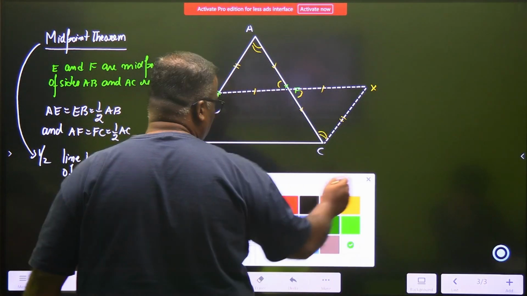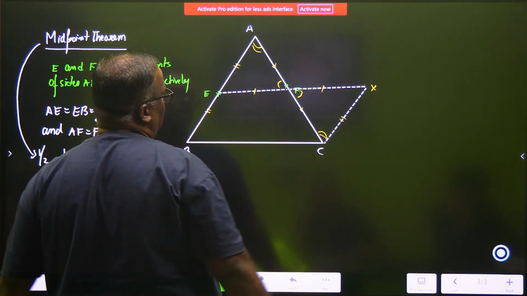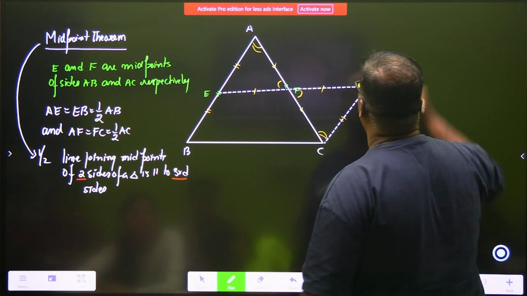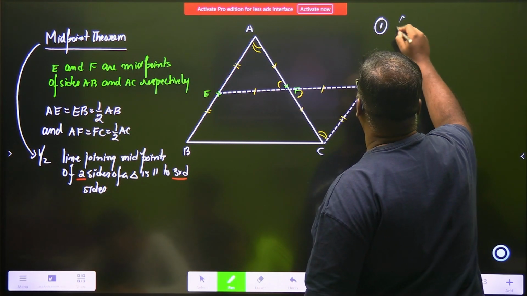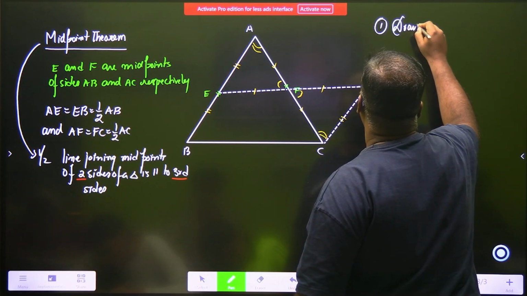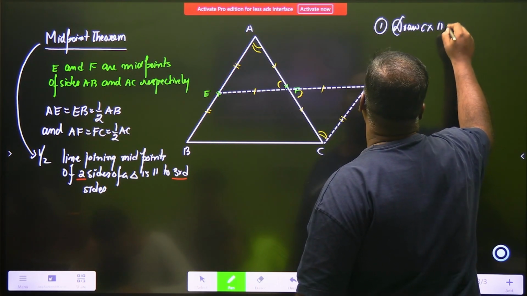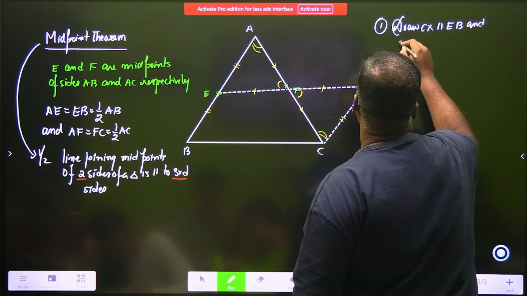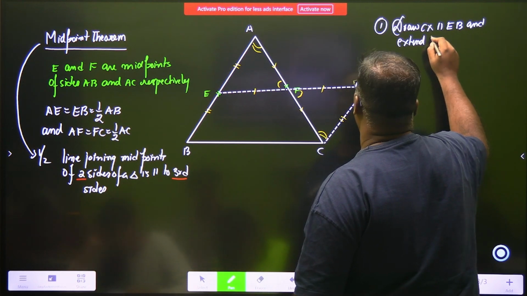So the proof will be in two parts. In the first part we will prove that it is parallel to the third side. To prove it parallel, how will we prove it? Number one, we will draw CX parallel to EB and extend EF till X, meaning in a straight line.